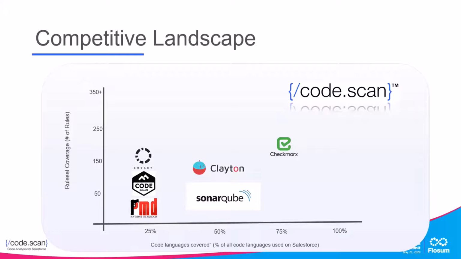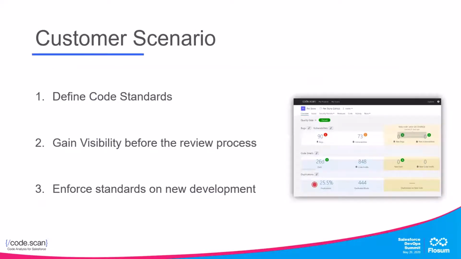And by that, I will hand it over to Will to walk us a little bit through the platform itself and show us the use case of a customer, how we can define code standards and gain that visibility and also enforce the standards when we push code and commit code into production.